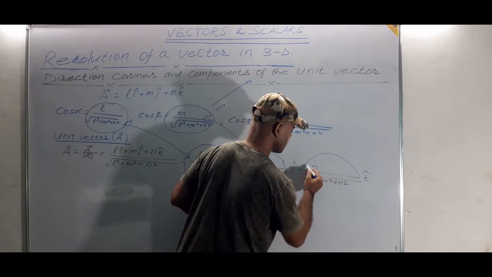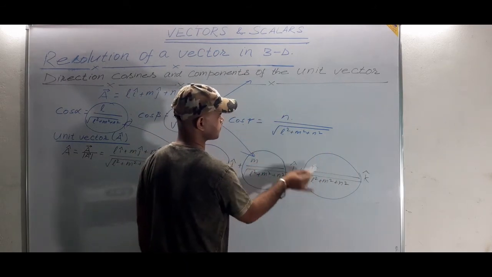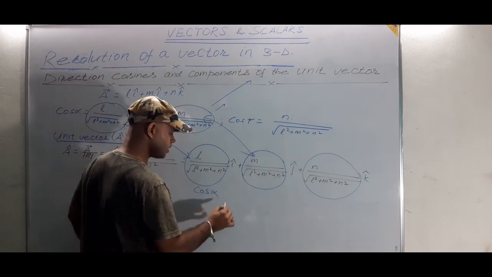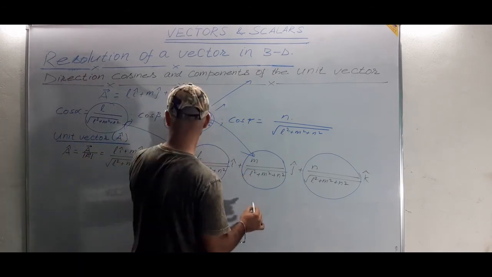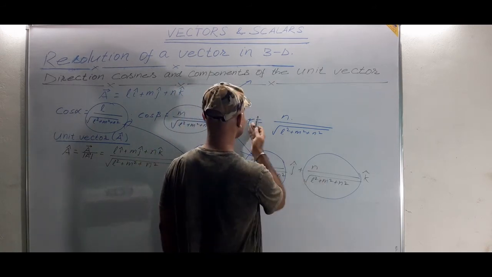Similarly, look at the z component and cos gamma. Both are the same. So the x component is cos alpha, the y component is cos beta, and the z component is cos gamma.